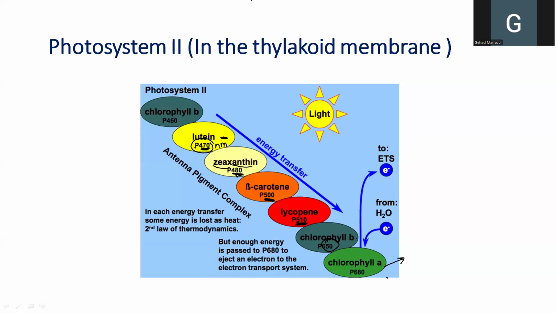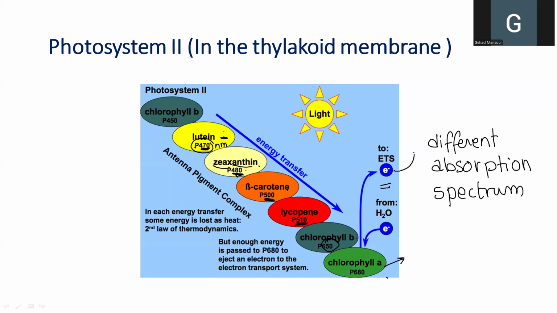And as we have seen, all these pigments absorb energy, and every pigment transfers energy to the next pigment until all the energy is transferred to chlorophyll A. More accurately speaking, every one of these pigments has a different absorption spectrum, and therefore they can absorb more energy, and all of them funnel or converge their energy onto chlorophyll A, so electrons are lost to join the electron transport chain, and they are replaced by water.